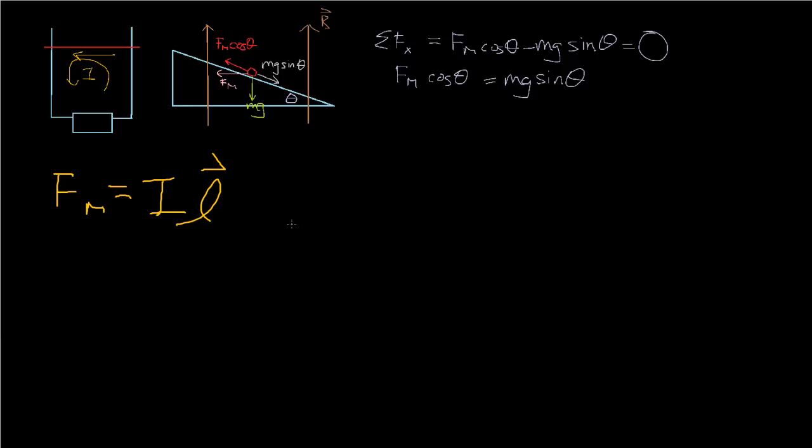So what exactly is our direction? As we said before, our current is going this way, and our magnetic field is going out of the page, according to this diagram. So let's redraw it.